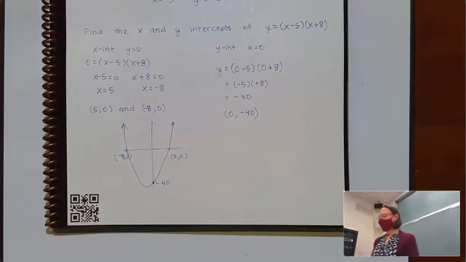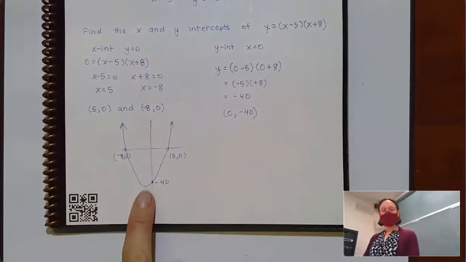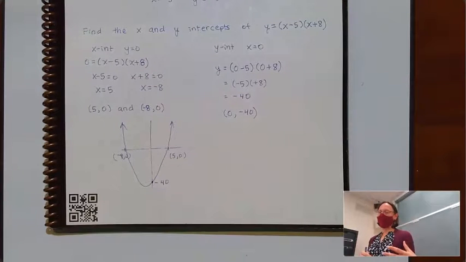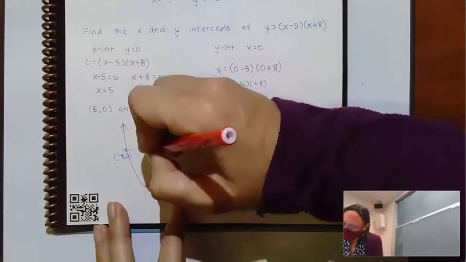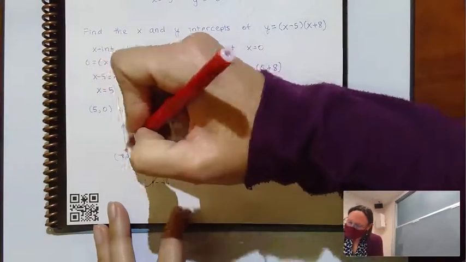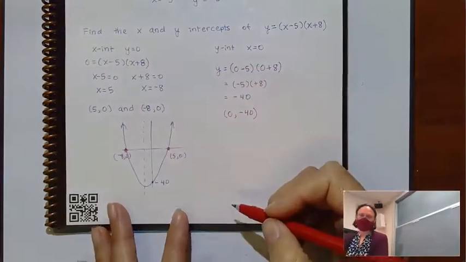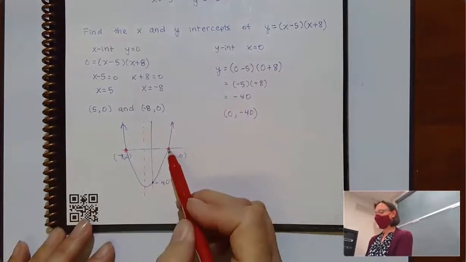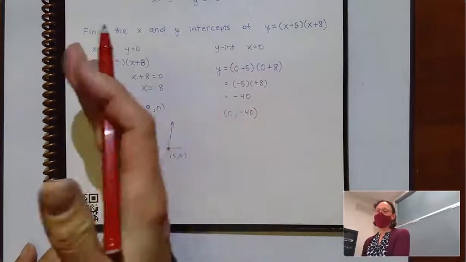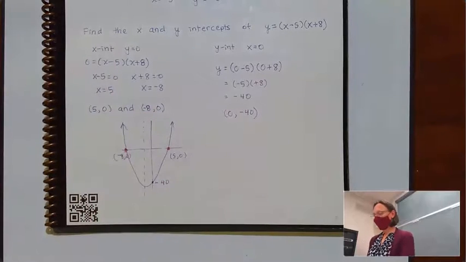By the way, I knew that my vertex was a little bit to the left of the axis because I'm thinking about the fact that the vertex should always be in the middle of those two X-intercepts. And since negative 8 is further out than positive 5 is, I know it's going to pull everything to the left a little bit.